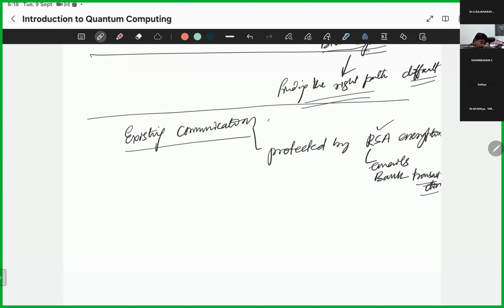What is RSA encryption? If you take a small number like 49, you can find the factors: 7 times 7. If I give 81, 9 times 9. Finding factors of large numbers is not manually possible quickly, but I can do it using some computing.